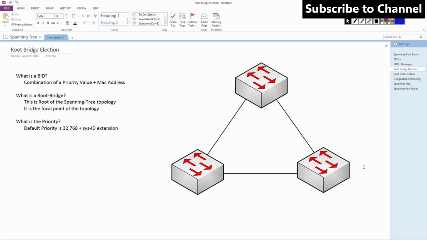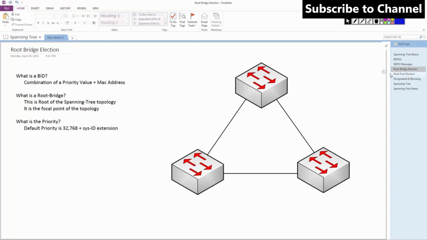Cisco does its topologies per VLAN, and the reason is that each VLAN is its own broadcast domain. So you will have a spanning tree instance for each VLAN, but in our case, learning the basics, we're only focused on one VLAN. So we start off with trying to find out who the root bridge is. Before anything else, we have to find out who's going to be the main man, who's going to be the root bridge.